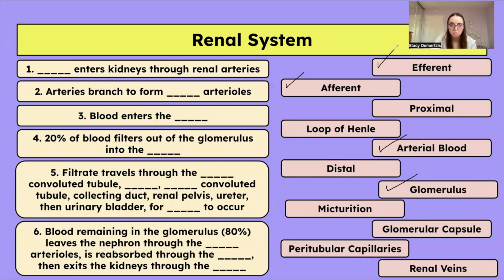Which tubule is it going to go through first? Yeah, proximal. And then after proximal, we've got the loop of Henle, and then, of course, distal. So we've got the proximal convoluted tubule, going down, this little loop of Henle, the distal convoluted tubule. Then we've got the collecting duct.